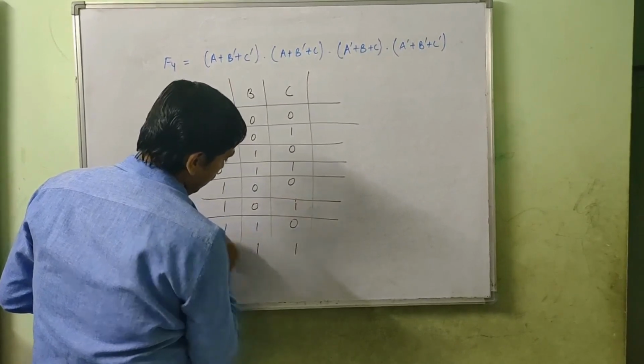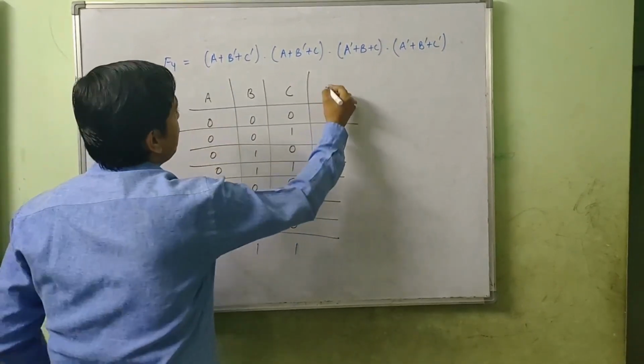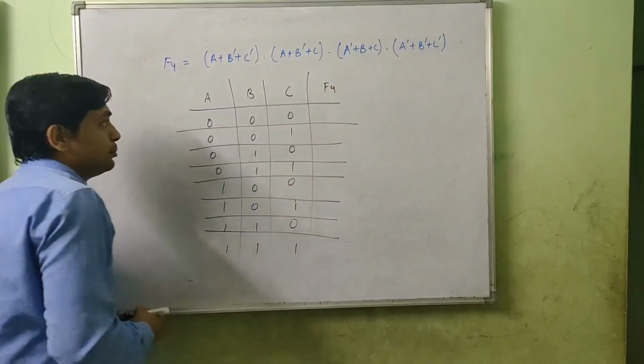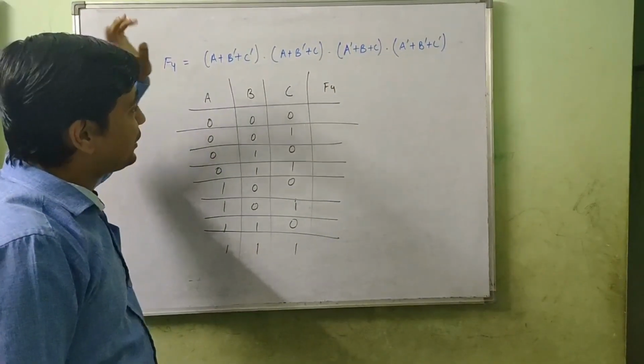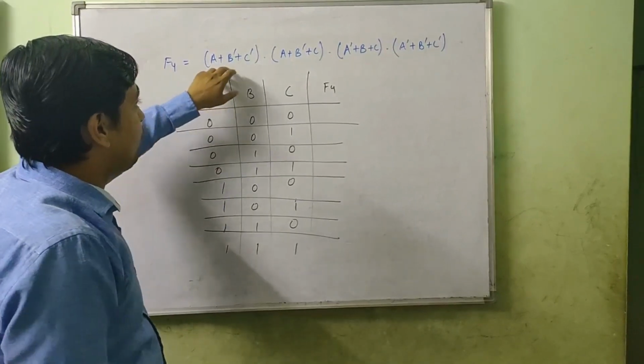In all these 8 outputs, you should remember we are working with max terms. So a represents 0 and complement represents 1. So it is 0, 1, 1.